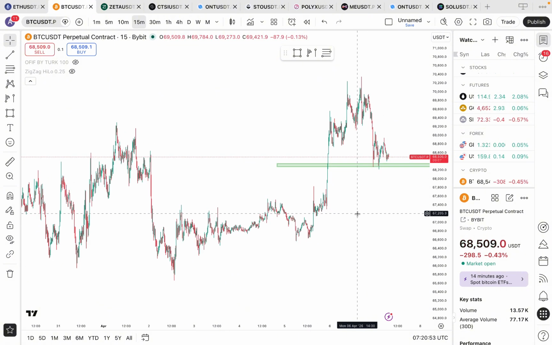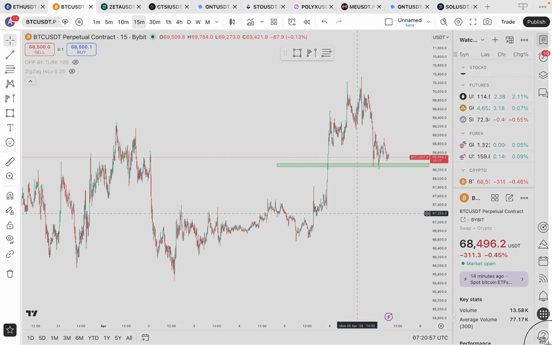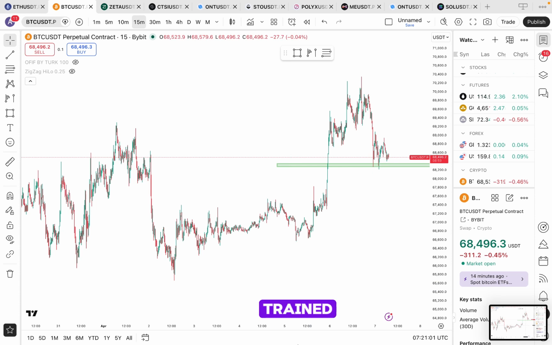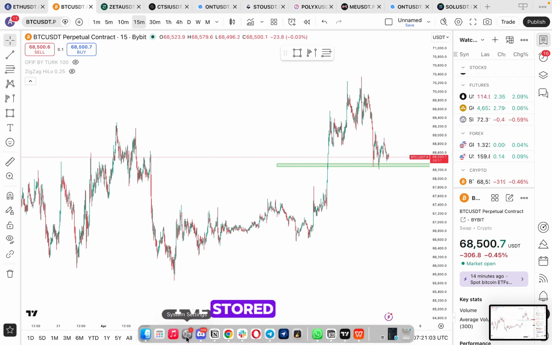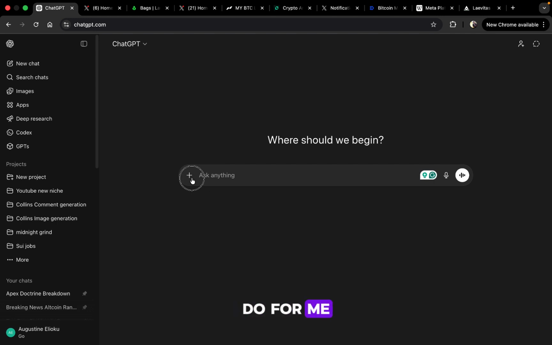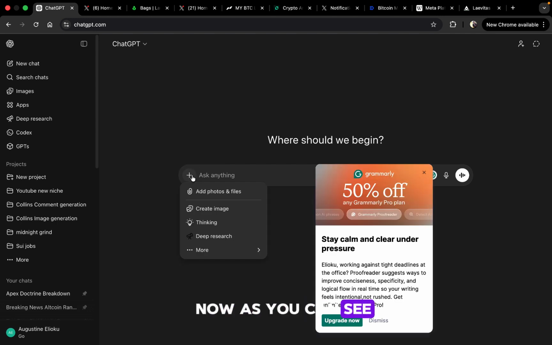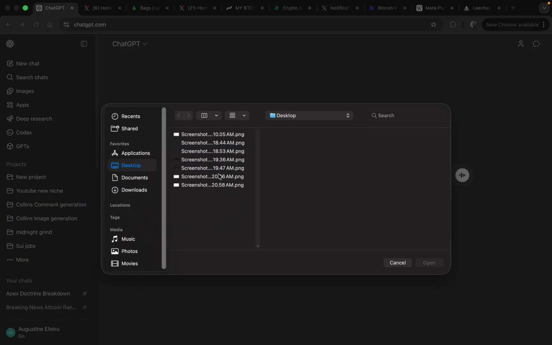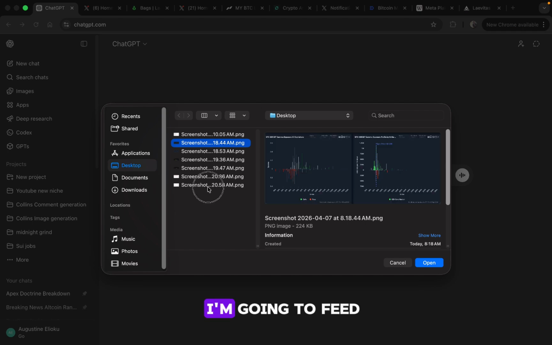Now, as you can see, I'm trying to give it a lot of context. I've trained my AI. I've stored into memory what it should be doing for me. I'm going to explain what it's going to do for me. I'm going to feed it these screenshots from here down here.